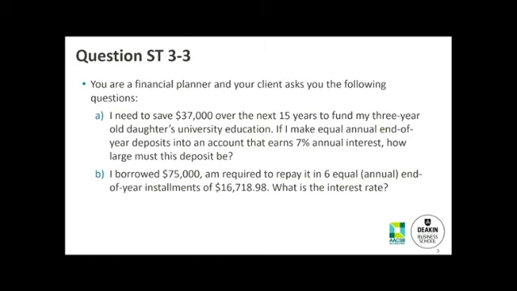First of all, it is an annuity. End-of-year payments, what is it? An ordinary annuity, because it happens at the end of the year. Now, we have the future value, we have the interest rate, and we know it is an ordinary annuity. So this question is all about the future value of an ordinary annuity.